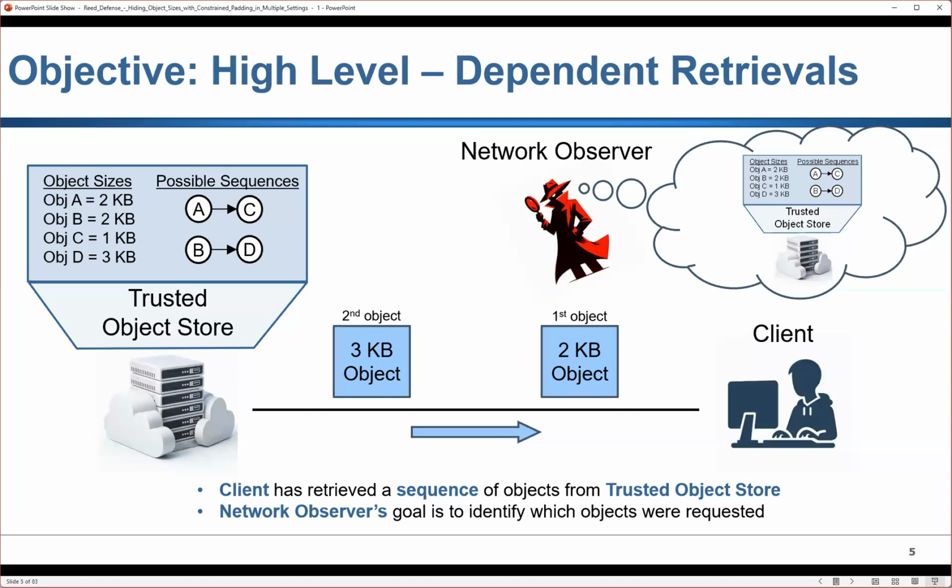So then we also consider the setting where object retrievals are in fact dependent on one another, depicted now on the trusted object store by these dependencies that result in possible sequences of object retrievals. In this setting, the network observer also knows all of the possible sequences and then seeks to leverage its knowledge of these dependencies to again identify what objects have been retrieved by the client.